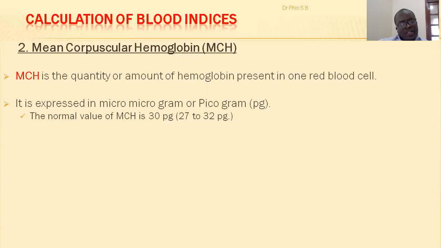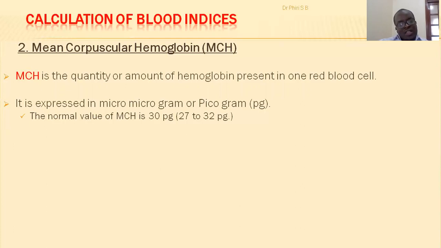The normal range: a normal person, on average, should have 30 picograms, but the accepted range is between 27 to 32 picograms. Anything outside this range means you have a decrease in the quantity of hemoglobin in red blood cells, or an increase.